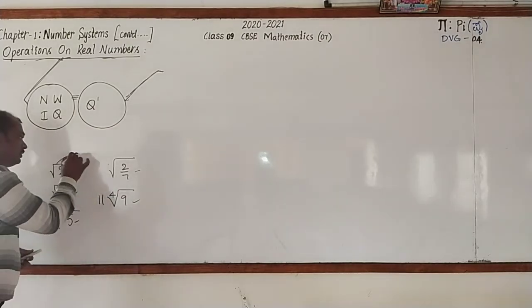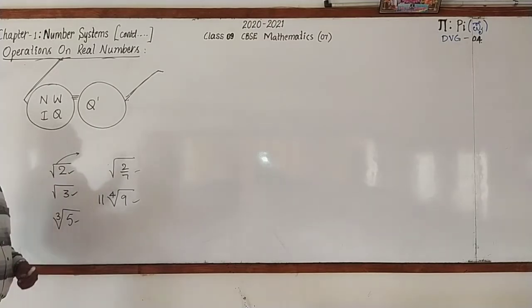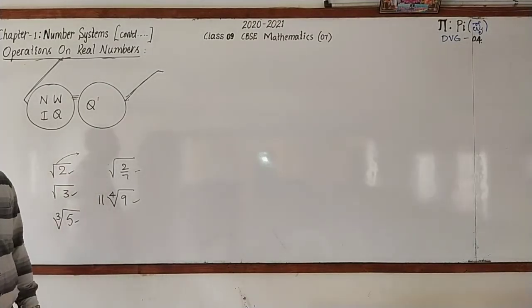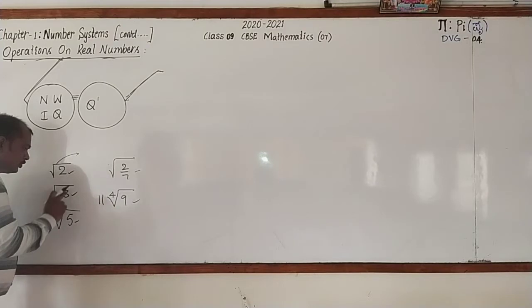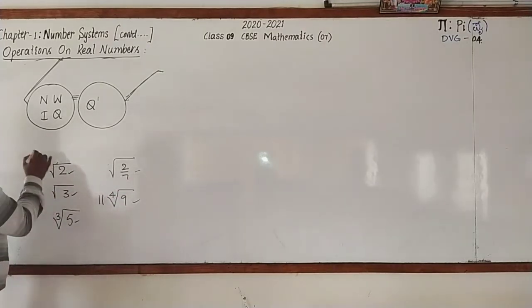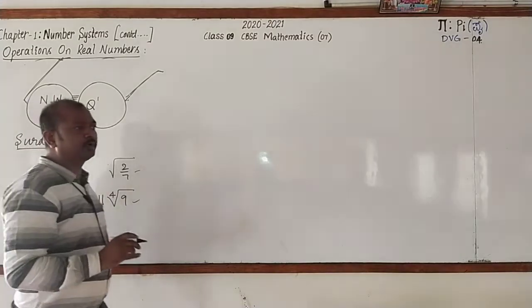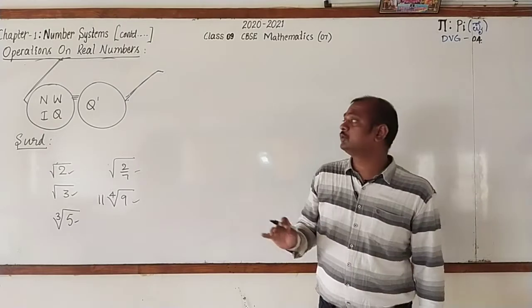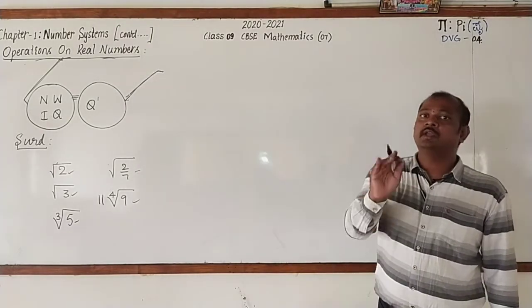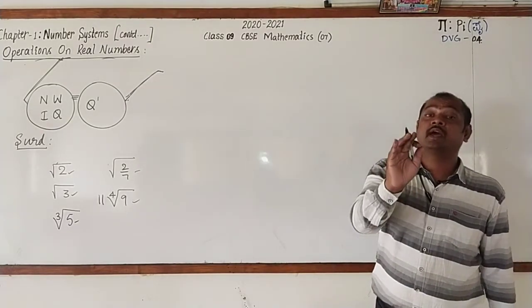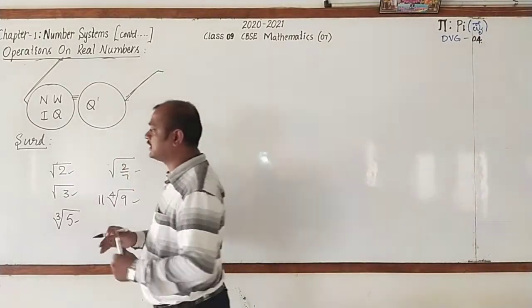Hence you can call these roots irrational roots. The irrational roots of rational numbers are called surds. It may be a new word for you, but it is inevitable to know about it.